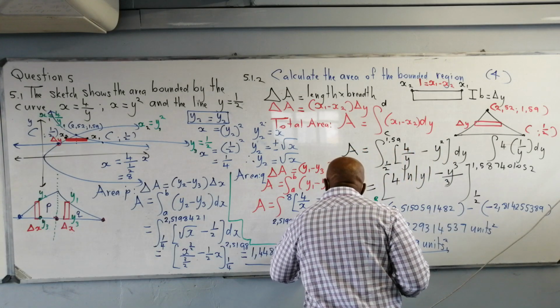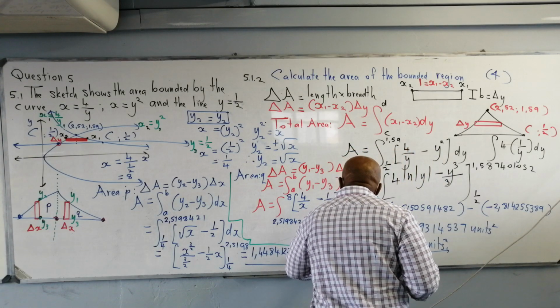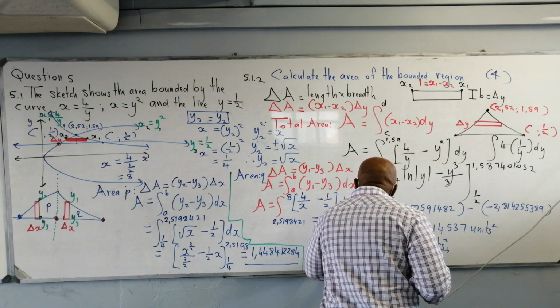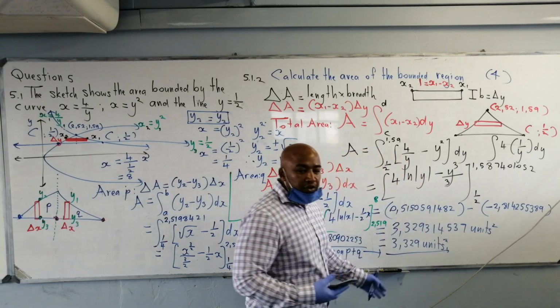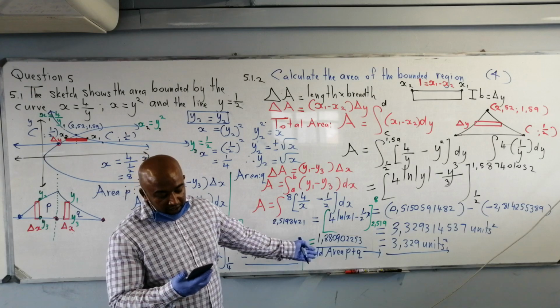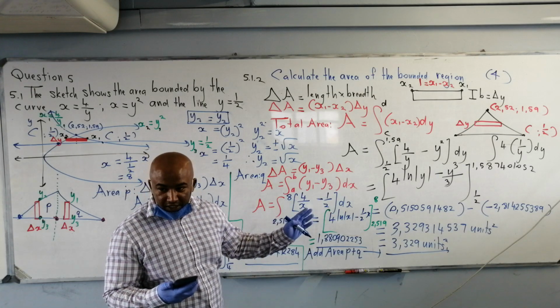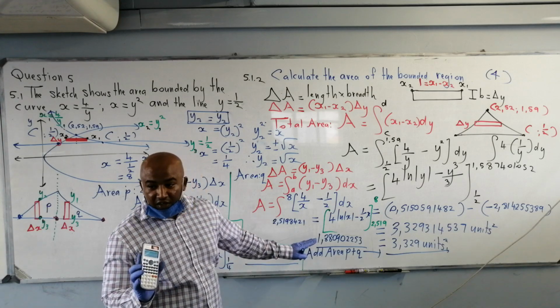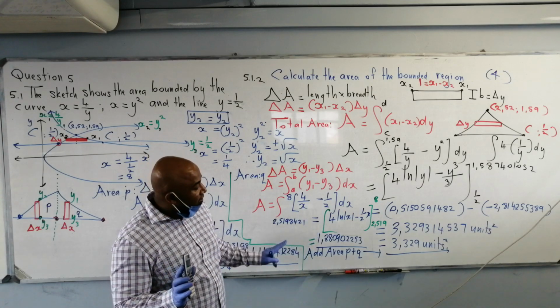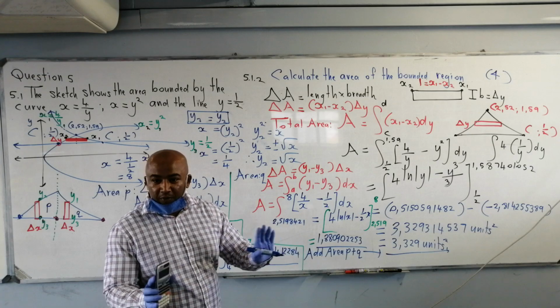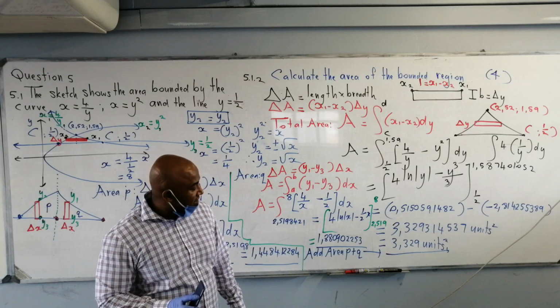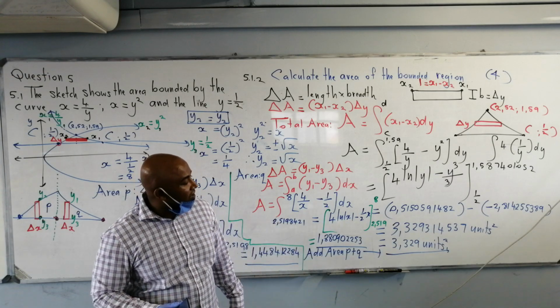So add area P plus Q and you get the same answer, 3,329,314, exactly to the last decimal place. That's why I don't round off. You must never round off if you want to check and compare if your answer is correct. Only in the final answer you can round off.